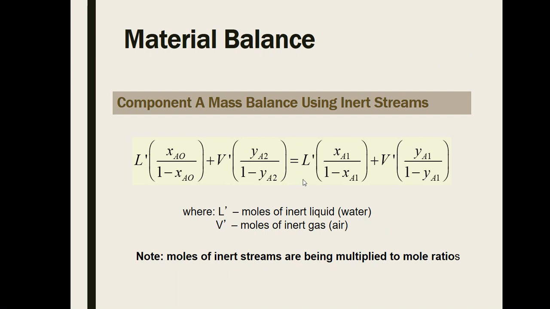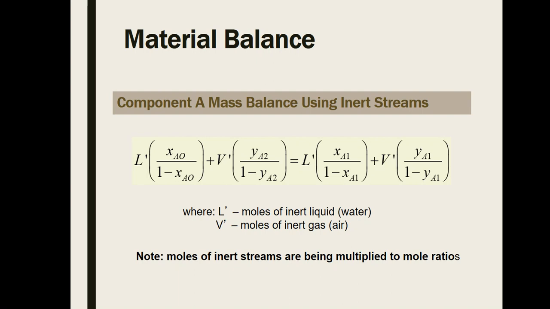And aside from that, it's utilizing the inert parts of the streams. So L prime is the inert part of your solvent, especially if your solvent contains a little amount of solute. Now V prime is the inert part of your gas stream, which often is air. In the case of the L, this is often water.